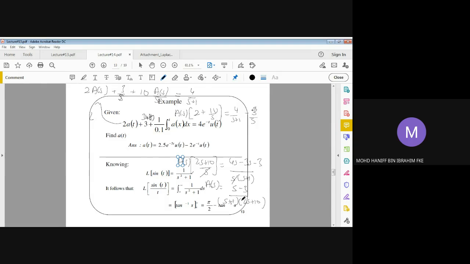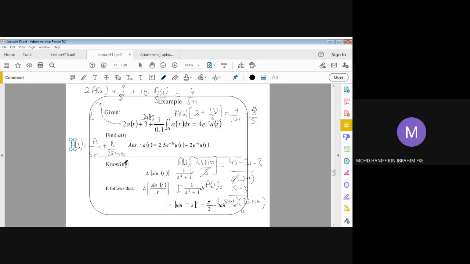But first of all, before you can proceed with the inverse of Laplace transform, you need to do the partial fraction first. When you do the partial fraction, basically the A(s) will be A over s plus 1 plus B over 2s plus 10.